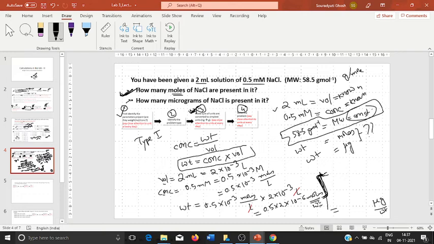So if you multiply this with molecular weight, see what happens. 0.5 into 2 into 10 to the power minus 6 moles, and I am multiplying this with the molecular weight. Your final unit should be gram, so you have to get to that final unit.